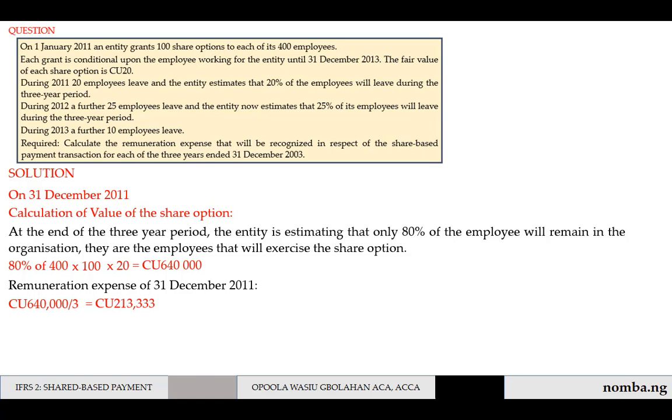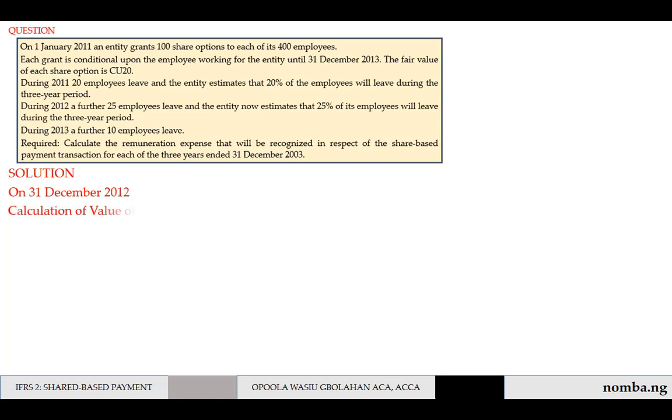So with this amount, we will debit remuneration expense, we credit equity, because this is an equity settled share-based payment. That's year 1.